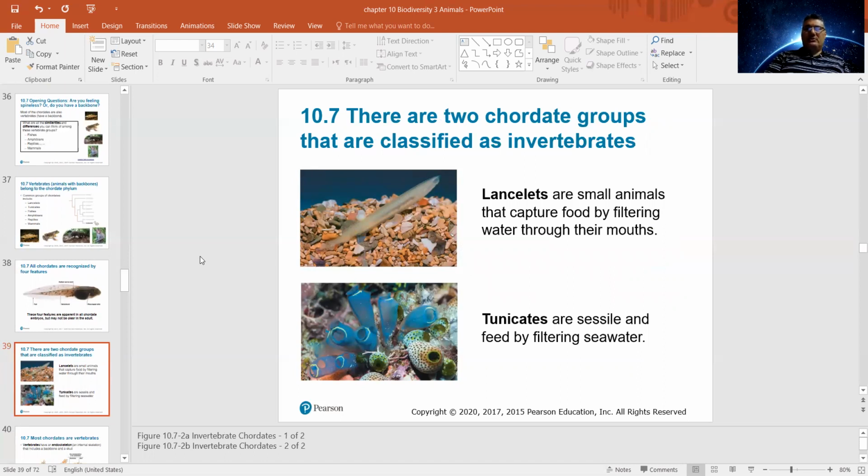There are two chordate groups that are classified as invertebrates, so we're starting with invertebrates.